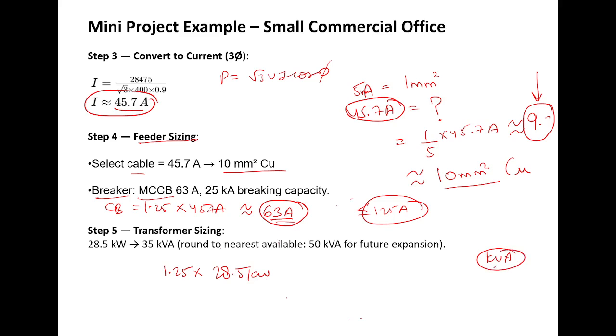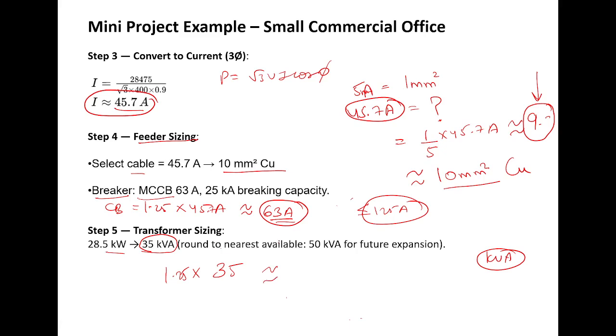So how to convert to kVA? Just divide by power factor. So you can just divide by 0.85. So around you will get a 35 kVA transformer. But this is the demand load. So how to calculate the transformer size, just multiply by 1.25. So you will get around how much value?